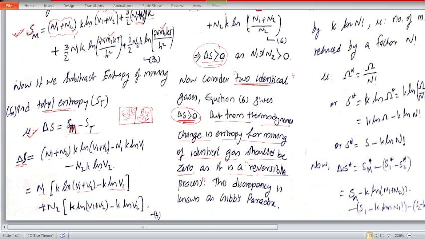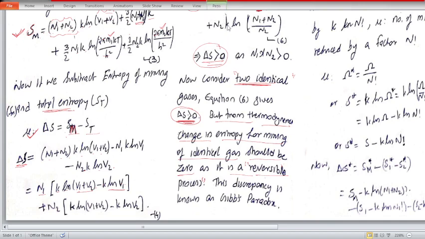If they are non-identical particles, then some of the particles from the second gas can go to the first side, and some of the particles from the first gas will be on the other side. So you cannot reverse the situation, and it is an irreversible process. But when you consider identical gases, it is a reversible process, and after some time you can again construct the same system.